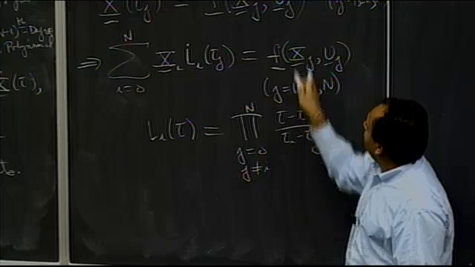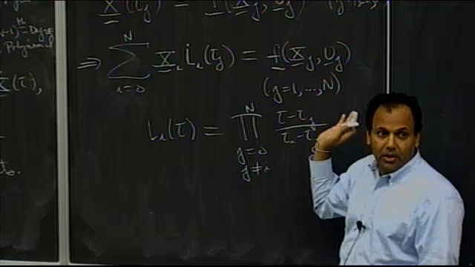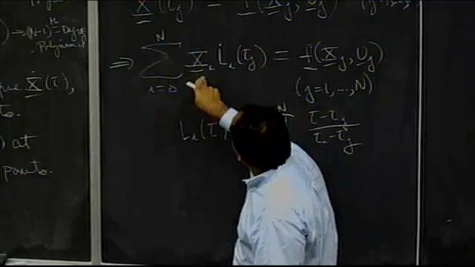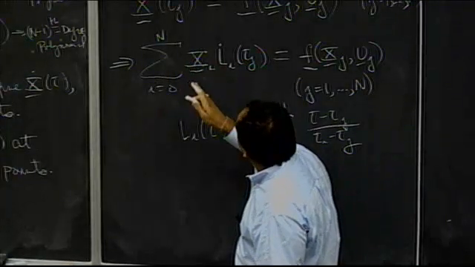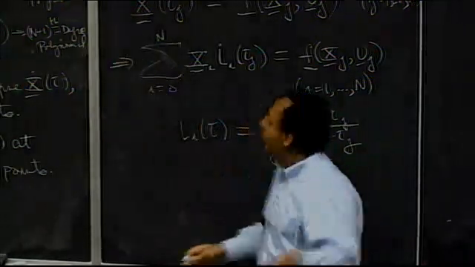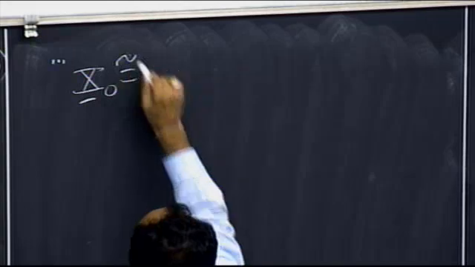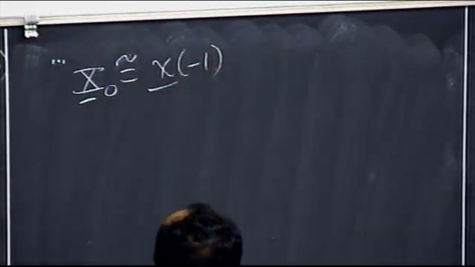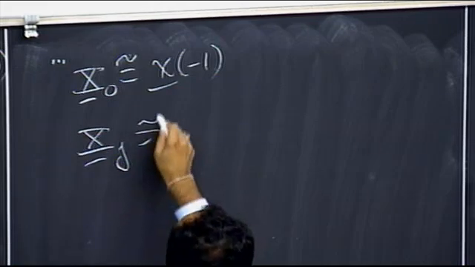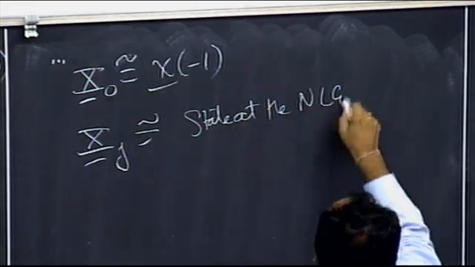On this side, how many different values of the state and the control am I using? N, right? Because I'm doing this for j goes from 1 to n. Over here, my summation goes from 0 to n. So that means that the state approximations here run from x_0 up to x_n, right? But x_0 is the value of the state at -1. So x_0 is the approximation of the state at -1. And then x_j are the approximations of the state at the n LG points.